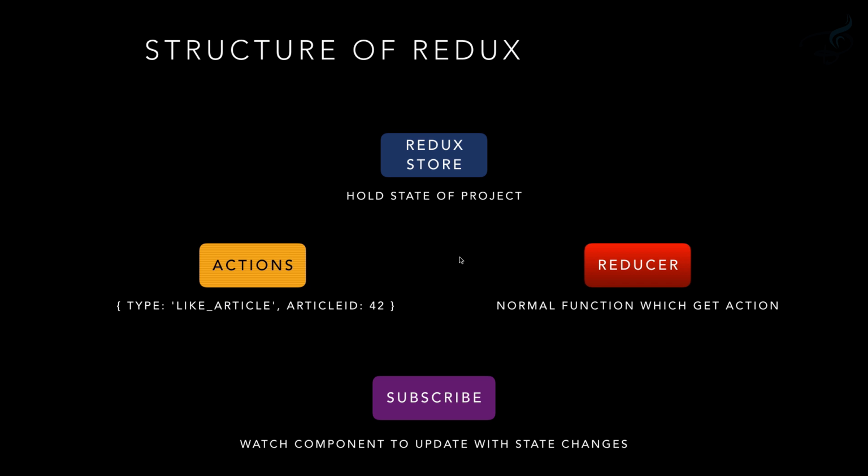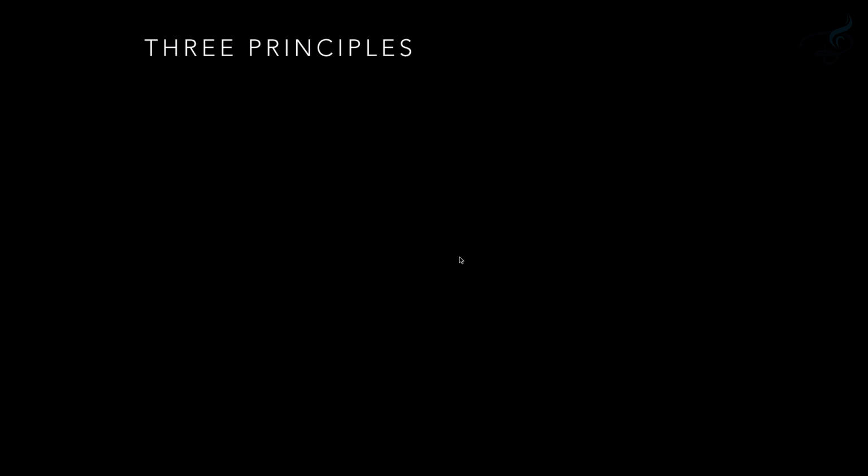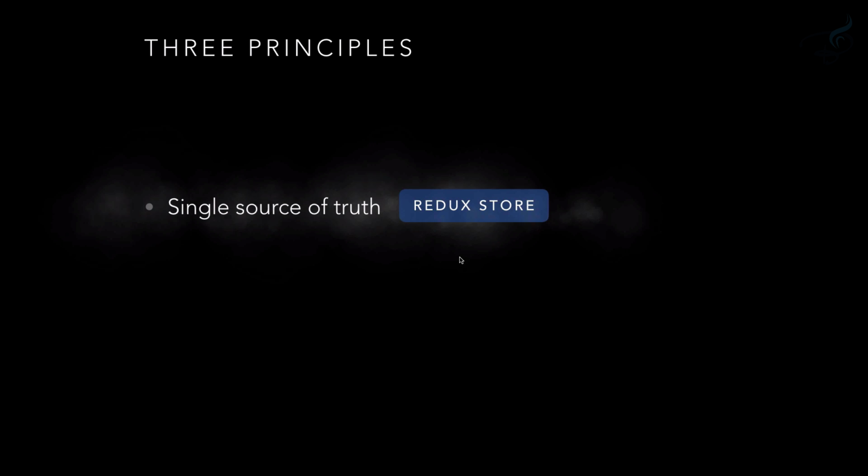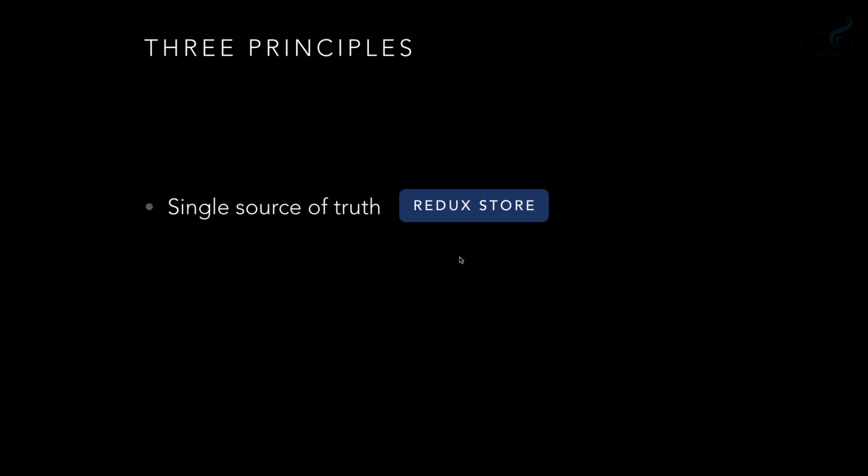But there are a lot more things. So let's talk about a unique thing, which is the 3 principles of Redux. The first principle says the Redux store is a single source of truth. The data of your application or the state of your application must be stored in one place, and that place is the Redux store.